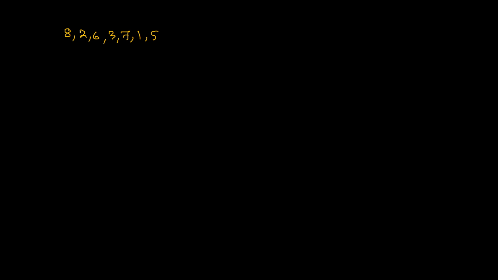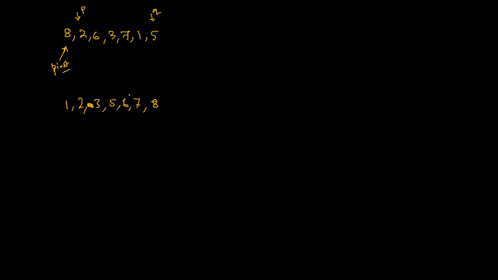I'm not going into detail on how P and Q will change. This is my pivot element, right? And obviously P will start from here and Q will start from here. But one thing I can say is that the original sorted array will be something like 1 2 3 5 6 7 and 8.